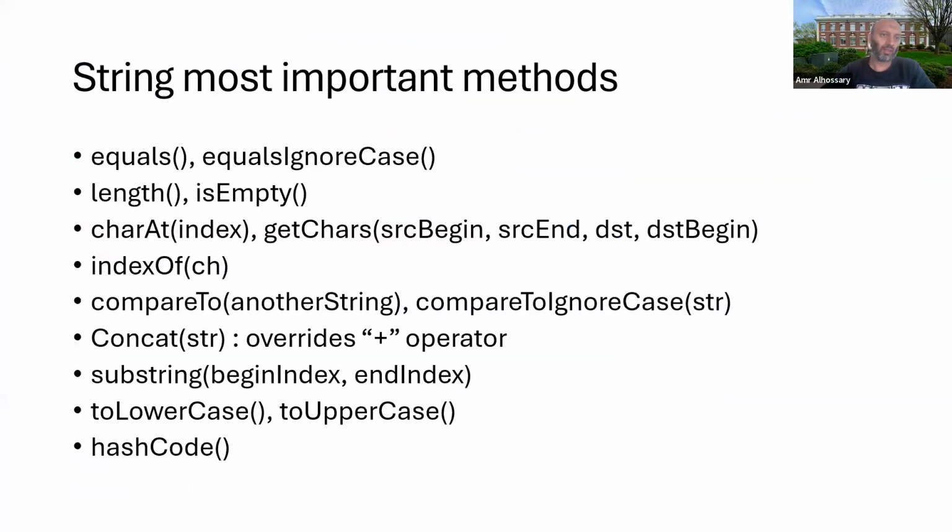Okay. Char at, we have seen that already. getChars returns the characters from source beginning to source end exclusive to an array called destination, dst, and stores it at the destination beginning address.